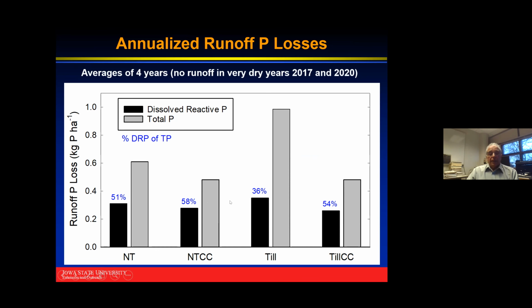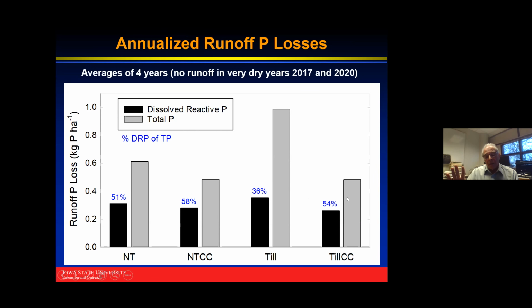However, the no-till, as we saw before, increased a little bit the proportion of the dissolved P in runoff, okay? 51%, 58, 36%, 54%, okay? But the net effect is that the total P loss is reduced and the dissolved P loss also is reduced, although the proportion is a bit higher.